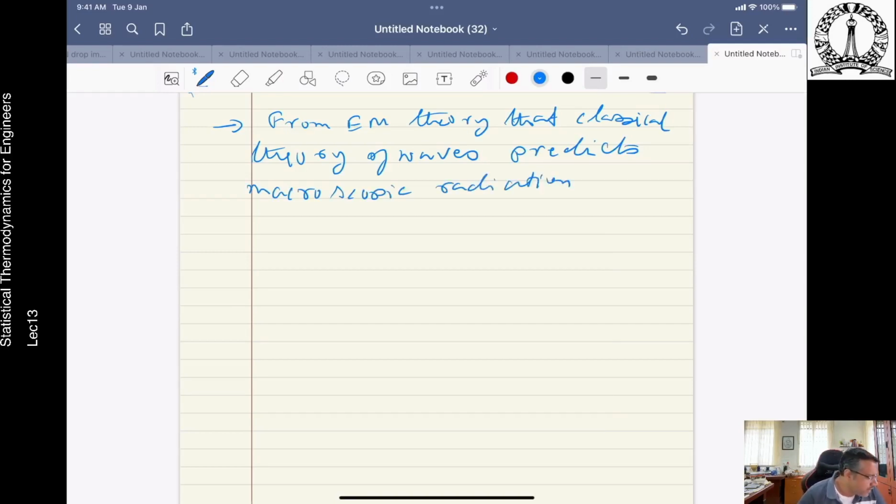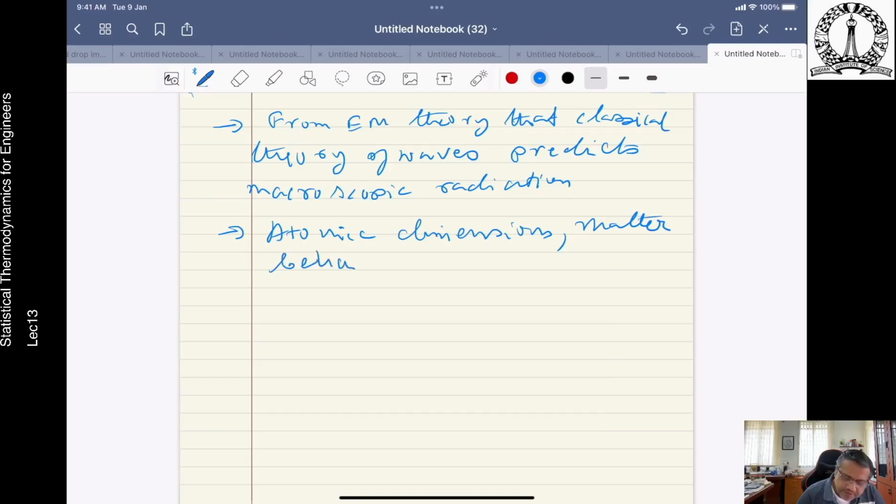Now, shouldn't it be that for atomic dimensions, matter behaves like a wave?